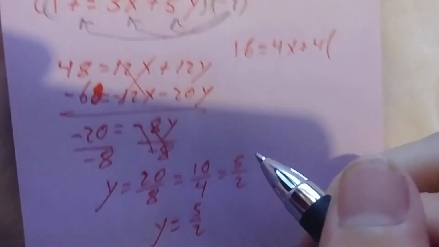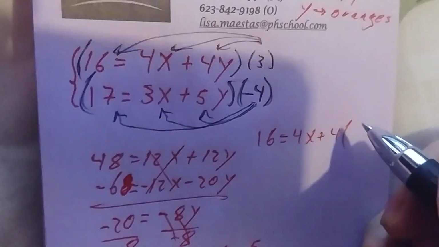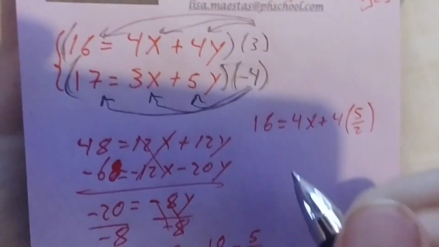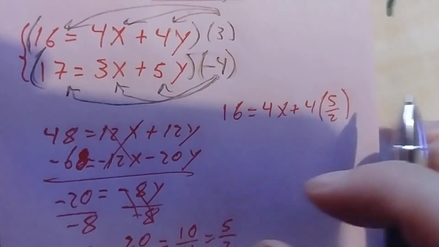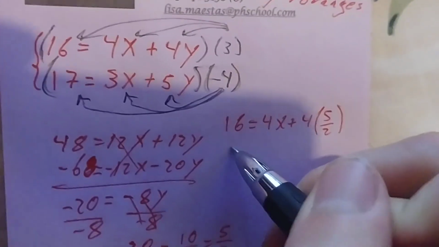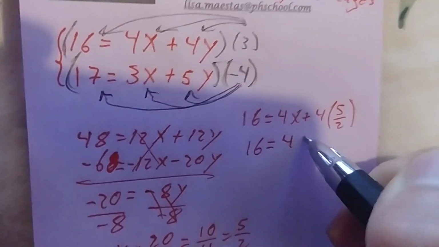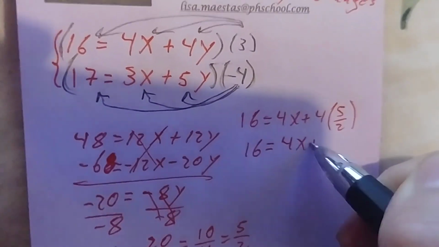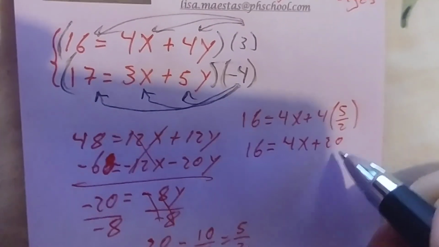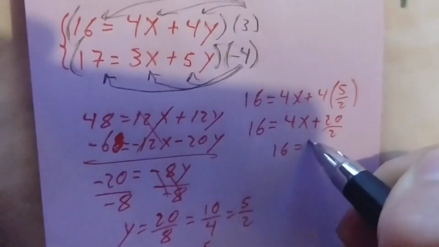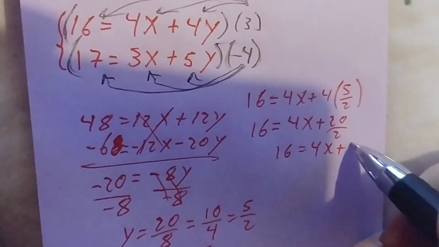My y value is 5 halves. So this will simplify to 16 equals 4x plus, we get 20 over 2, which simplifies to 16 equals 4x plus 10.